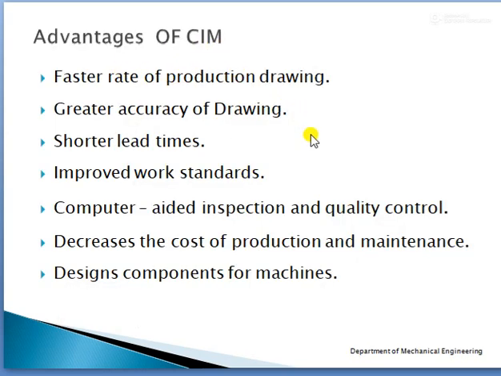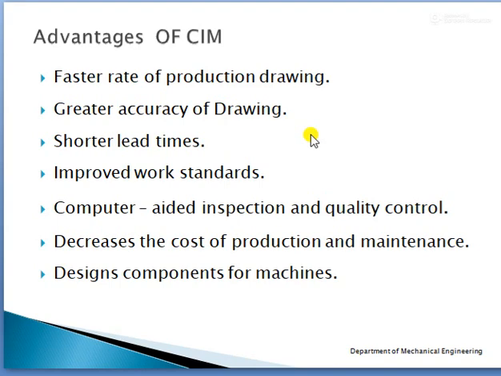Next we will see the advantage of computer integrated manufacturing. First advantage is faster rate of production drawing with the help of computer integrated manufacturing, greater accuracy of drawing. Next we have shorter lead time by using computer aided manufacturing, that is automation, so we have less lead times.